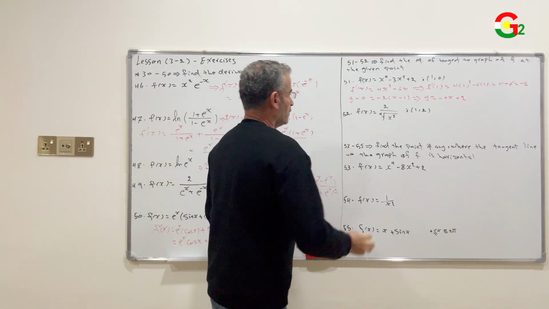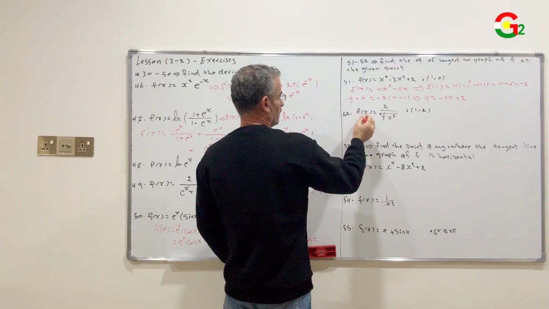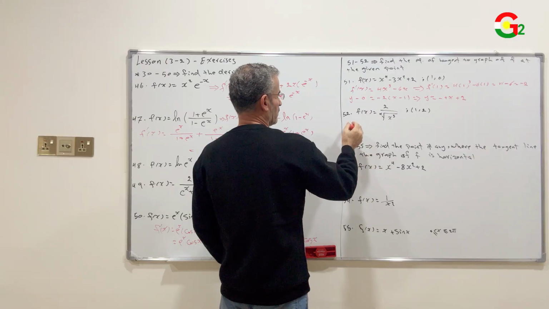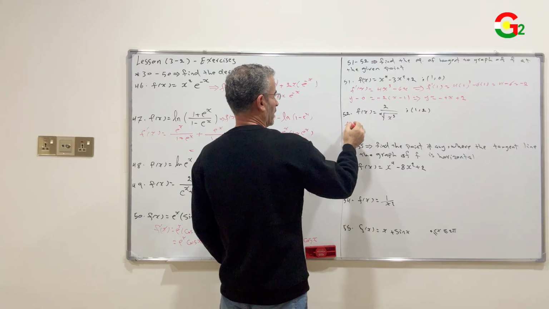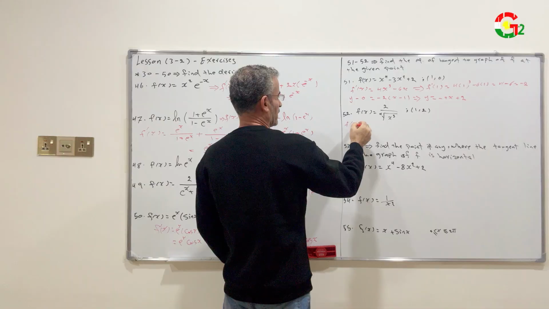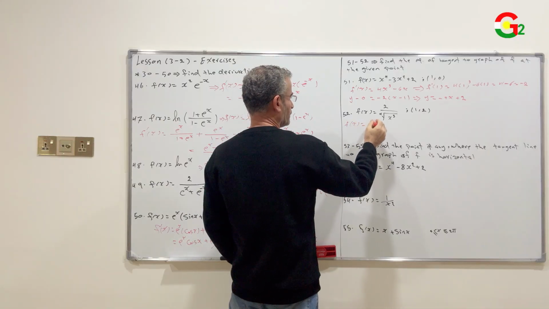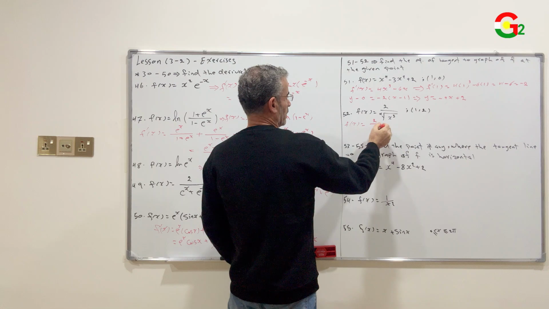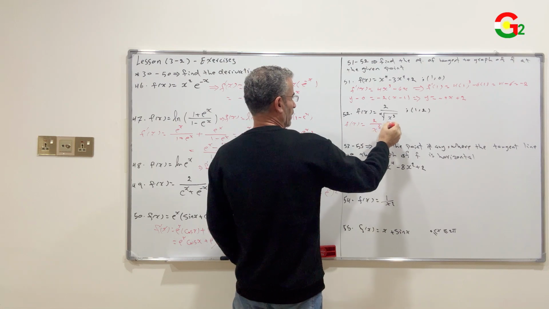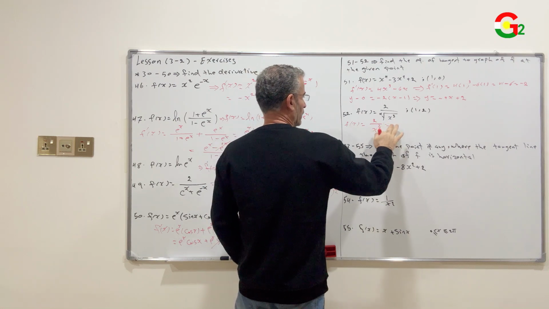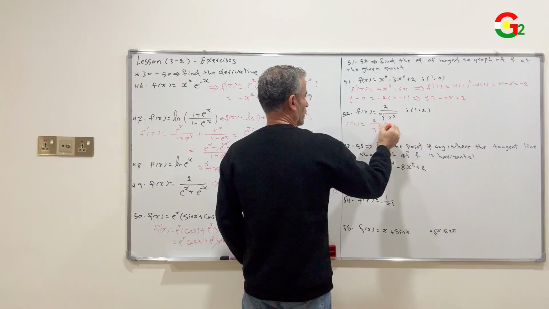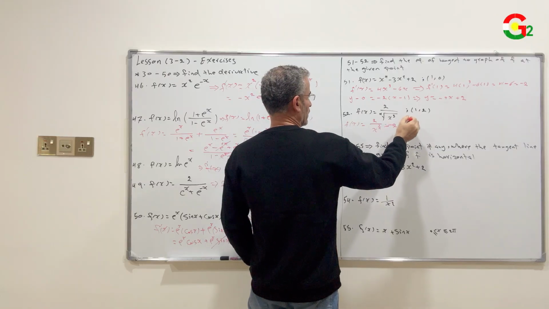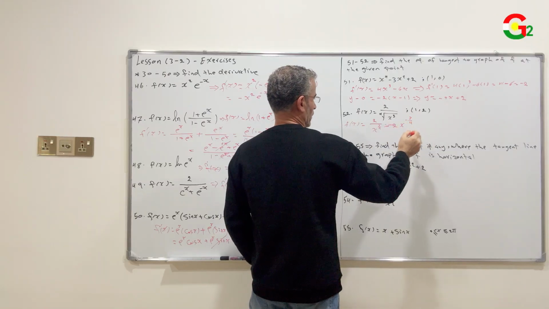Question number 52. Find the derivative of this function to find the slope of the tangent line. Rewrite this function as f of x equal to 2 over x to the 3 over 4 equal to 2x to the negative 3 over 4.